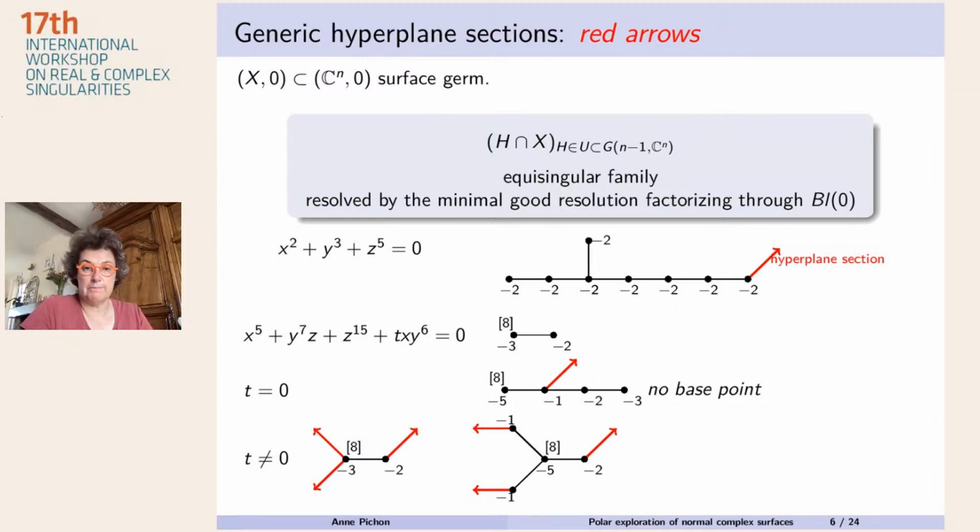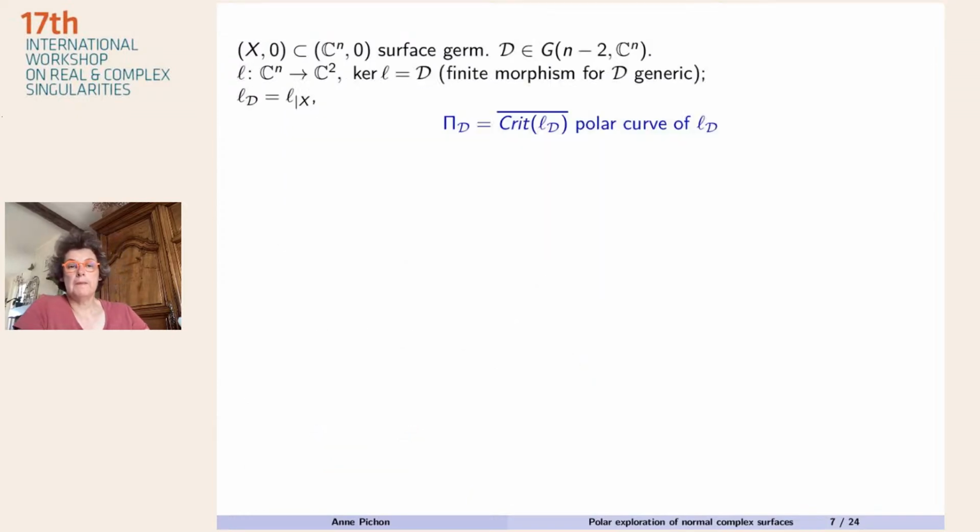And now let me go to my second family, which is the family of generic polar curves. So what do I mean by this? I start again with a surface germ in Cn, and now I take an n-2 plane in Cn. I call it D, okay?